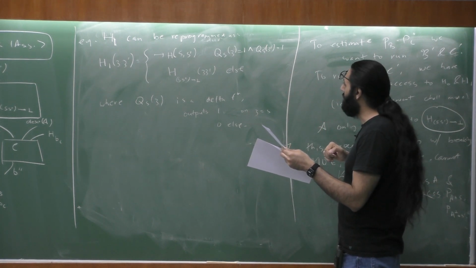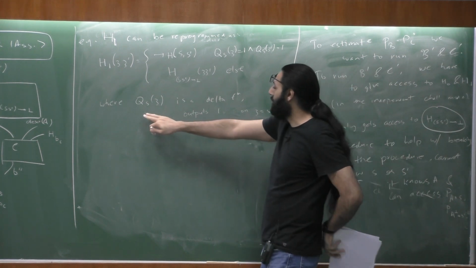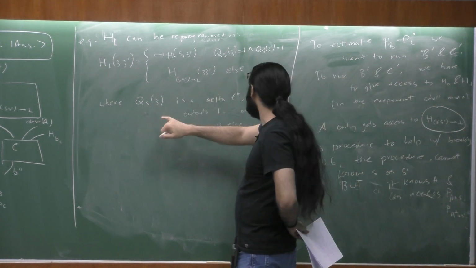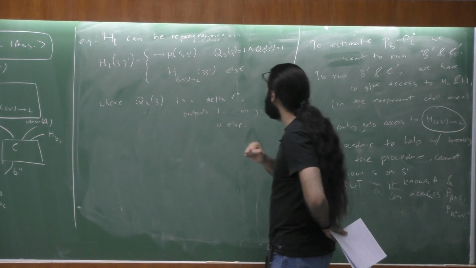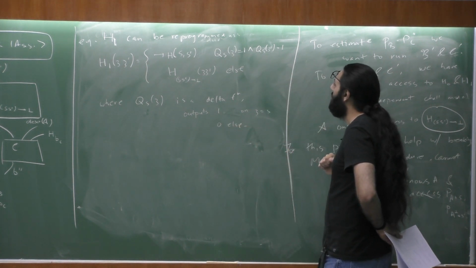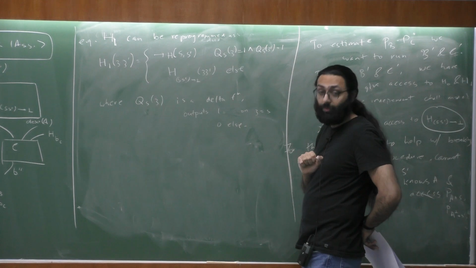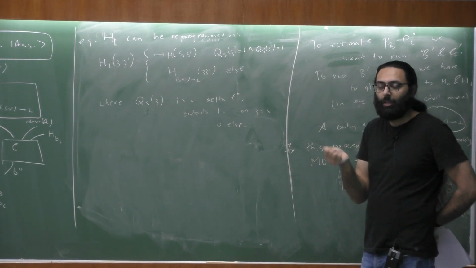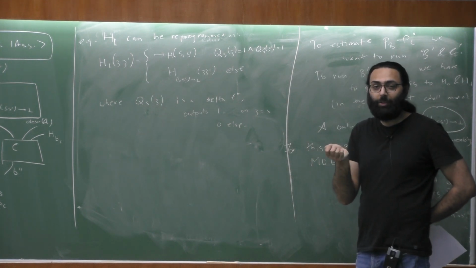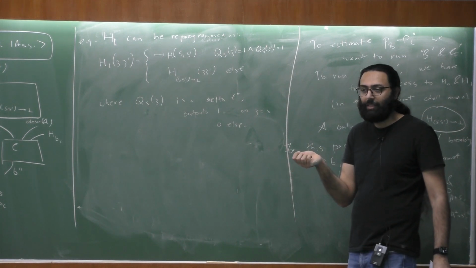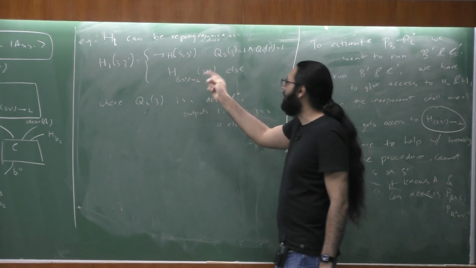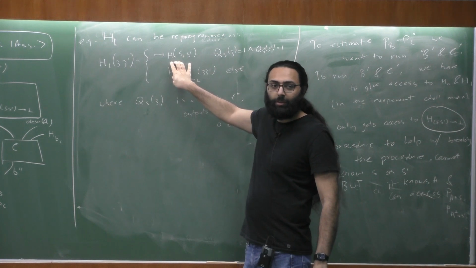Okay, so suppose you had access to such a function, right, that gave you 1 when it matched S and gave you 0 otherwise. Then you were sort of done, right? Because you don't know the value of S in advance, right? You're given some input, you check whether it matches S or not. If it matches S and S', then you do whatever you have to do, right?